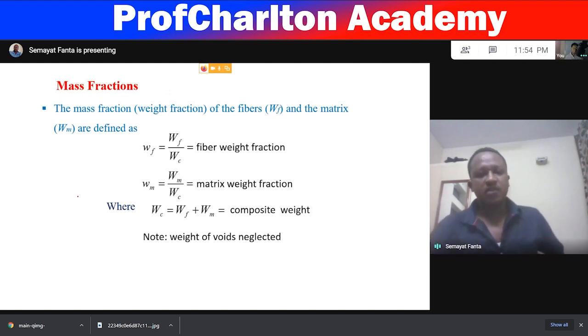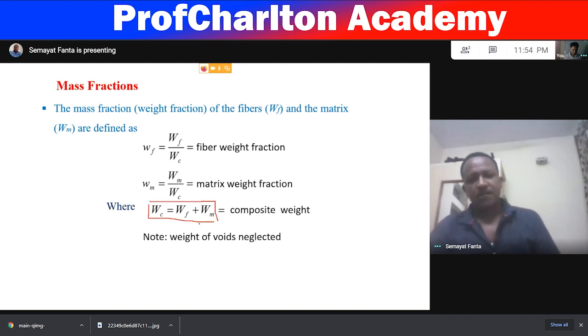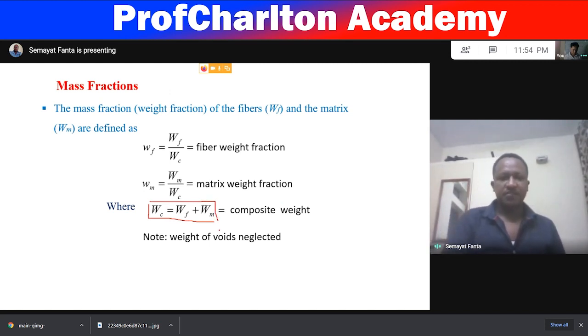And the weight fraction of matrix is weight of matrix over weight of composite. So finally we can calculate the total weight of composite, which is equal to the weight of fiber plus the weight of matrix.